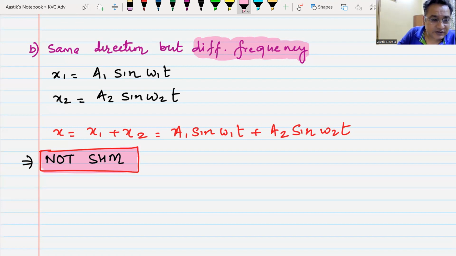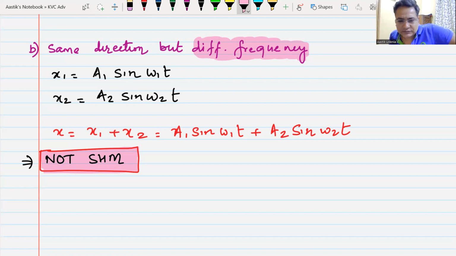Do we understand? Sir, when do we say the SHM is in the same direction? When do we say two SHMs are in the same direction? Same direction means both SHMs are happening in the positive direction.